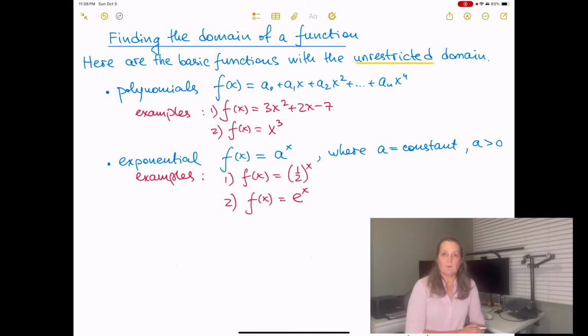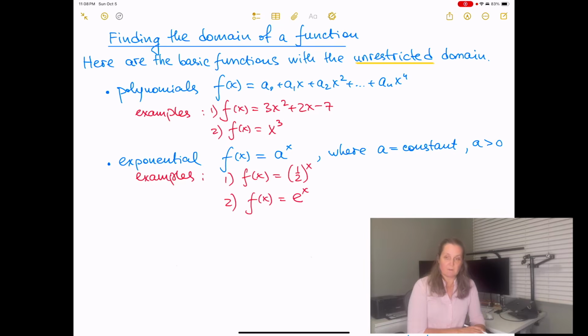Another type of function that has no restriction is an exponential function, where a is a constant, and the constant can be any real number, strictly positive. The input variable x can be any positive or negative number, or 0, with no restrictions whatsoever on the value of x for any exponential function.